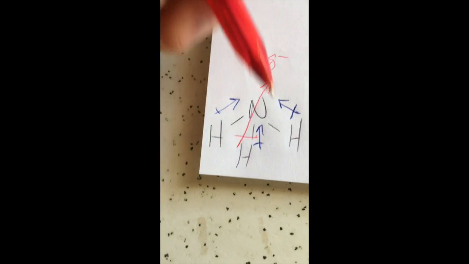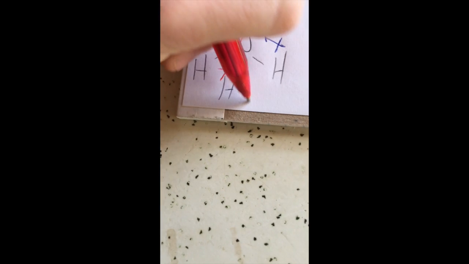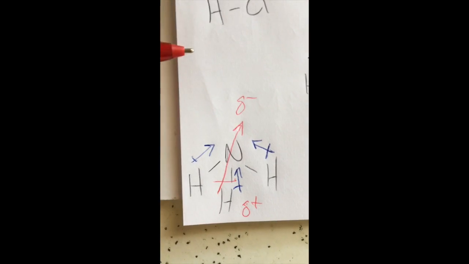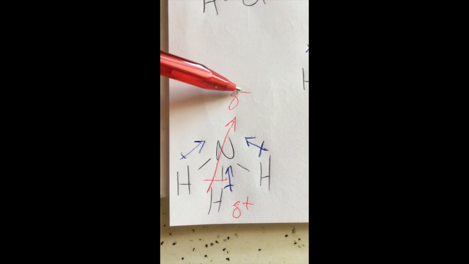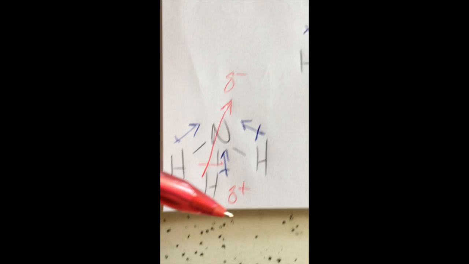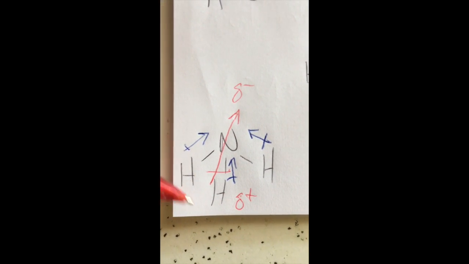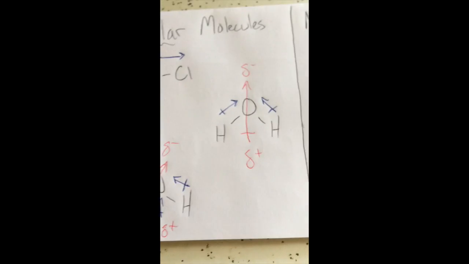Partial negative, partial positive on this end. It's a bit of a simplification, but the nitrogen is more electronegative, so it's pulling electrons, so it's partial negative up this way, and down here, partial positive on the hydrogen ends. Again, just like water, it has a positive and a negative pole. Two poles, actually.